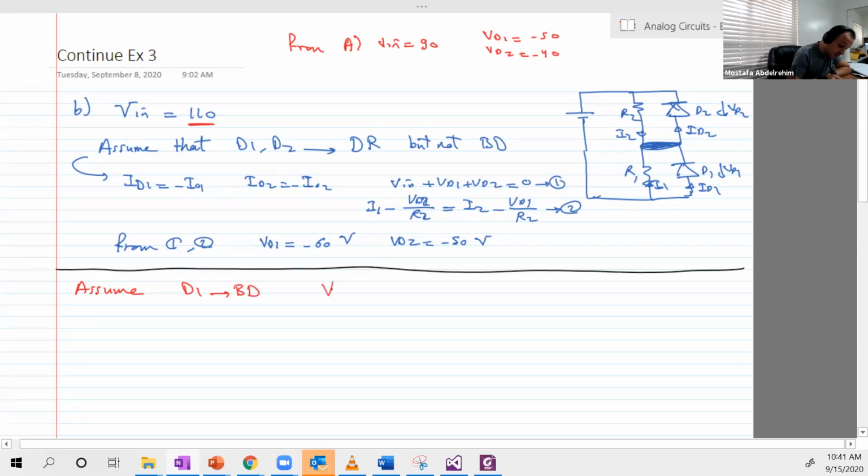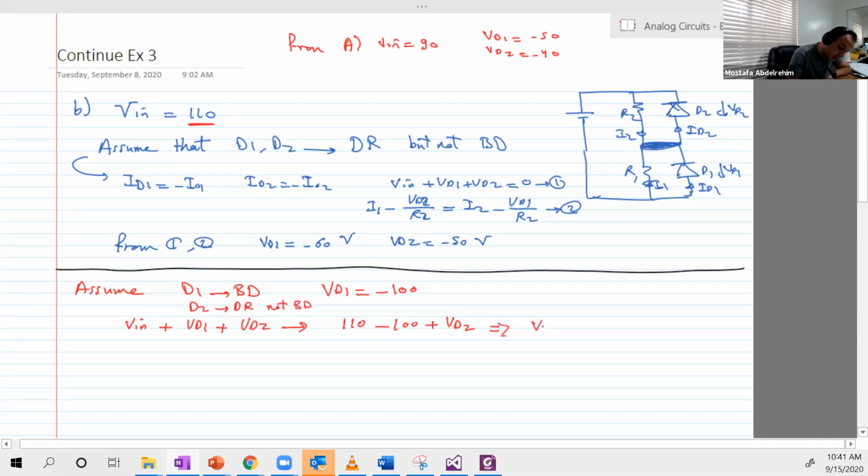So VD1 is equal to minus 100. So V input plus VD1 plus VD2 should be equal to 0, but let's see what will happen. V input is 10, VD1 is minus 100, VD2 we don't know. We assume D2 is just in deep reverse but not breakdown.